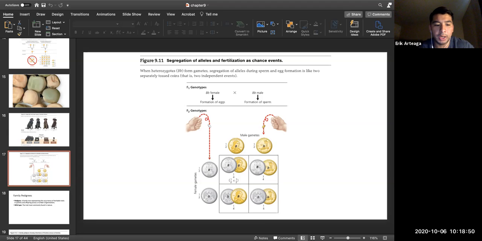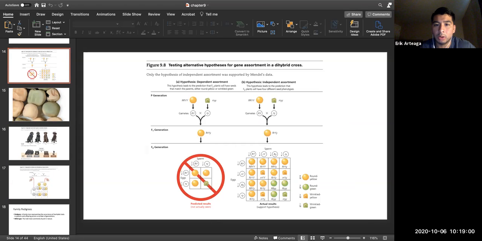You should be able to define genotype and phenotype, and you need to understand genotype and phenotype, right? Genotype is going to be the actual genes, right? So like you can be heterozygote or you can be homozygote, whereas phenotype is going to be what's expressed, right? So these yellow seeds all have that same phenotype, but they have very different genotypes, right?